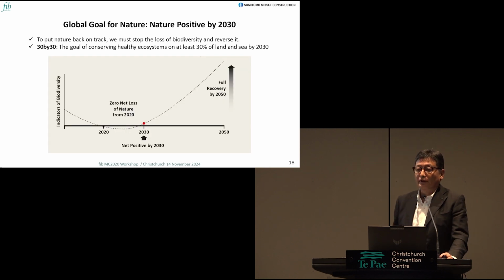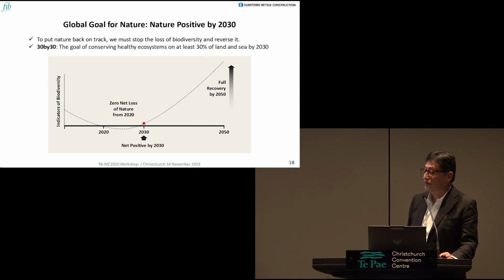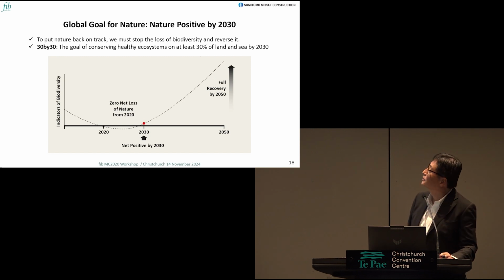And they also have another part, nature positive, 30 by 30. By 2030, we preserve 30% of the land and the sea, compared with the 2020 level. And also we have to reduce the endangered species. So this is the philosophy of nature positive.